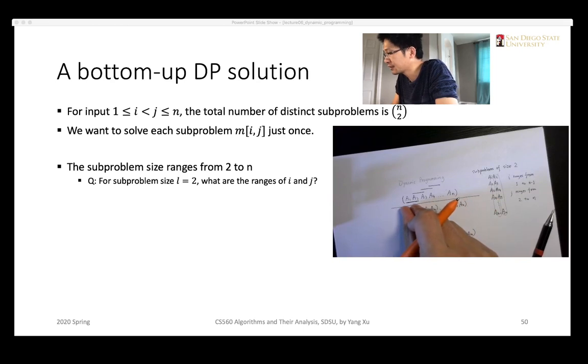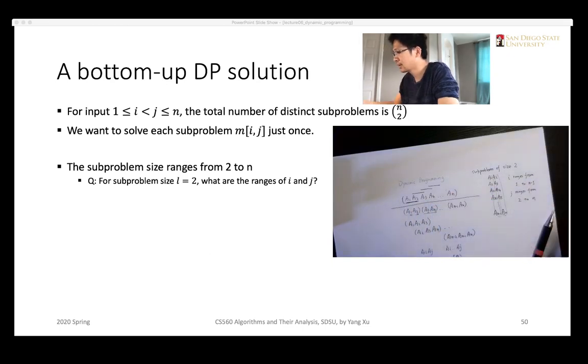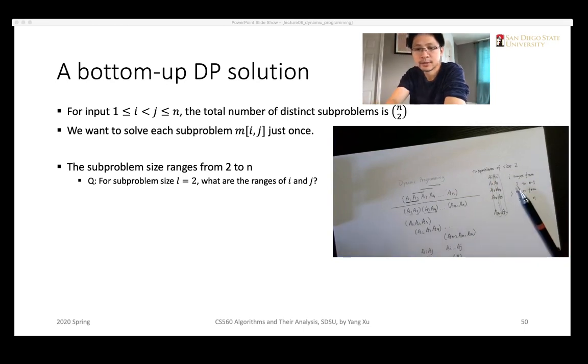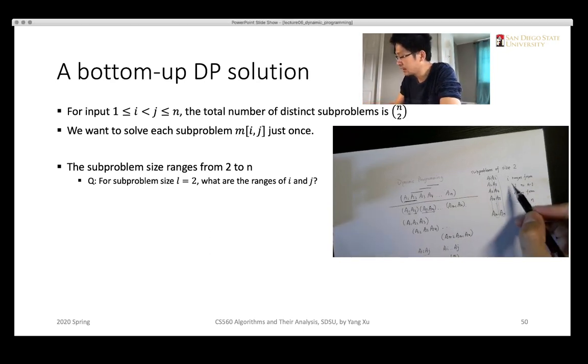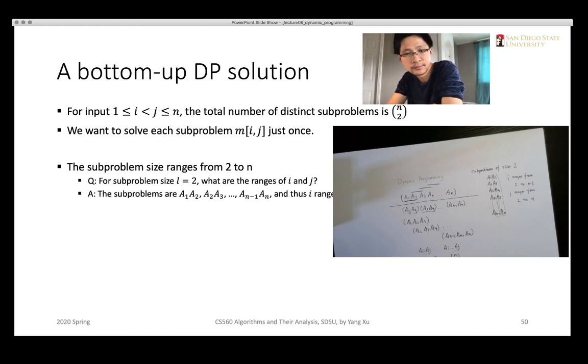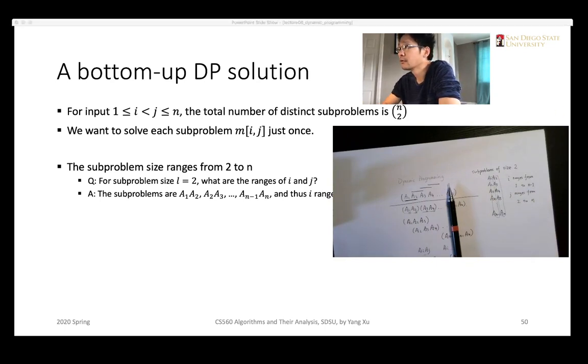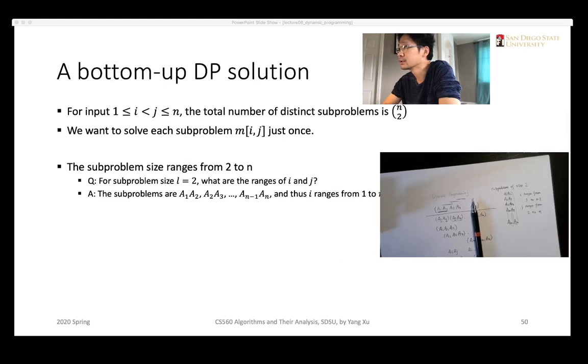At the initial position, this sliding window covers A1 and A2, and after I move it one matrix to the right, it covers A2 and A3, and then A3 and A4. That's why the indices i and j have such ranges. This will be important information in the implementation of our bottom-up solution to the problem.